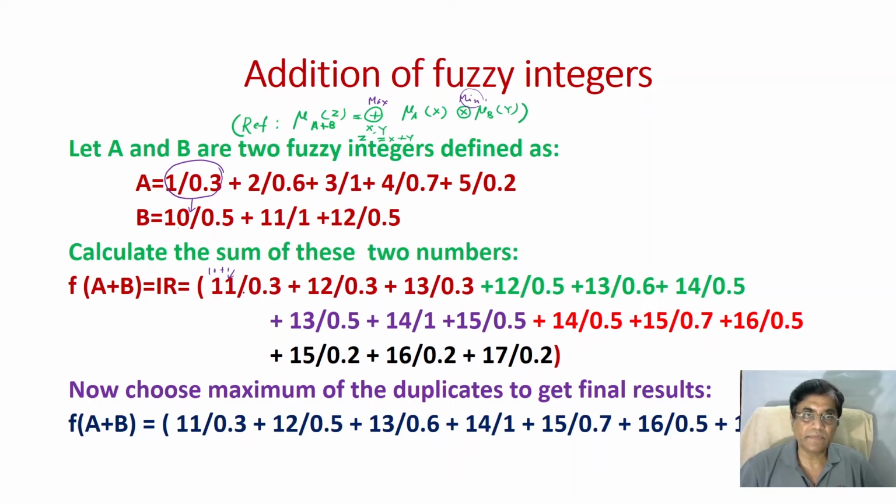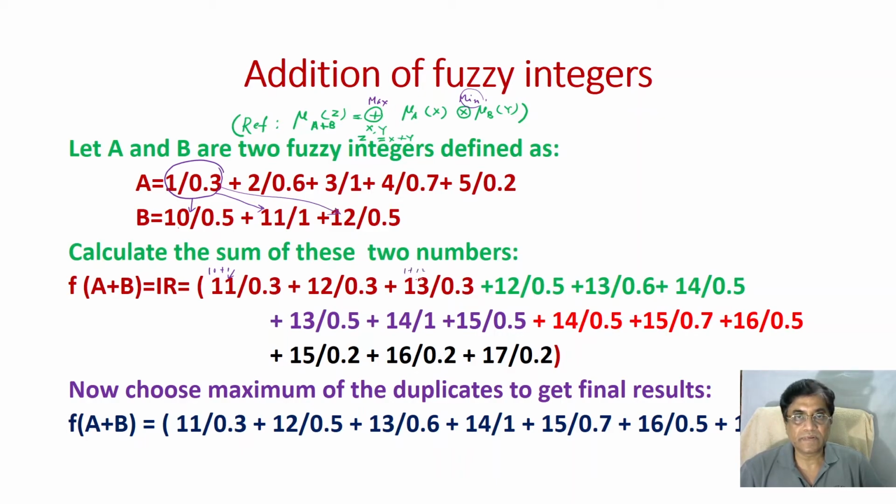Element with membership value, right? Then this to be added with this. So 1 plus 11, 12, and 0.3, 0.5. Which one is minimum? 0.3. So I kept this. Then it should be added with 12. So 1 plus 12, 13.